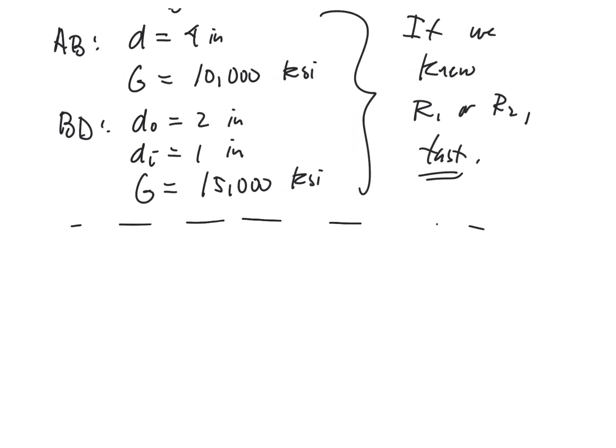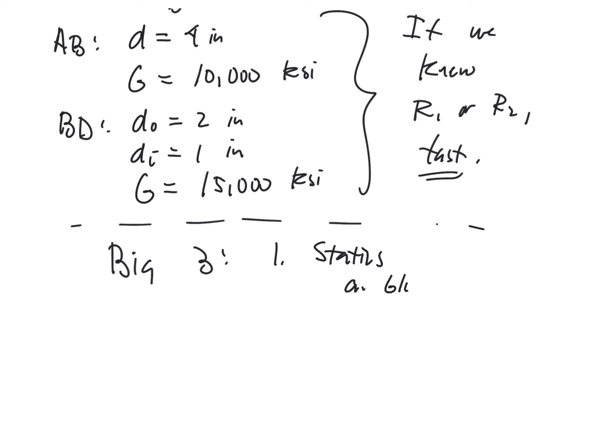And our tools are the same. We still have the big three. And what are those? Well, remember the first one is going to be statics. That means that the deformed section under torsion has to be in equilibrium. But remember, for the fixed problem, there's two parts to that.